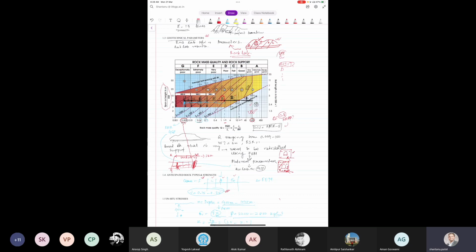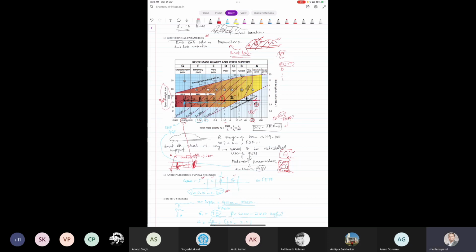Rock mass quality and this thing. So it says zone 1 is the without support zone. If you excavate this tunnel, you don't need any support. So if you put this span by ESR thing here, you will draw a horizontal line. That is our black line here, this one. Okay, this line.